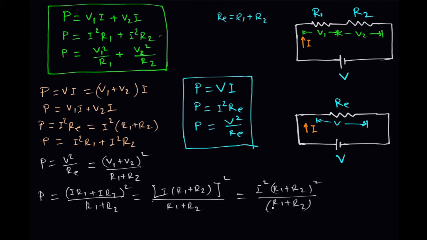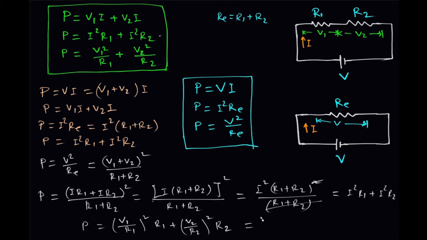Now this R1 plus R2 will cancel with one R1 plus R2, then we get I square R1 plus I square R2. So P is equal to I square, and instead of I we will write V1 divided by R1, this thing squared, times R1, plus, similarly here in place of I we will write V2 divided by R2, simple Ohm's law for those individual resistances.